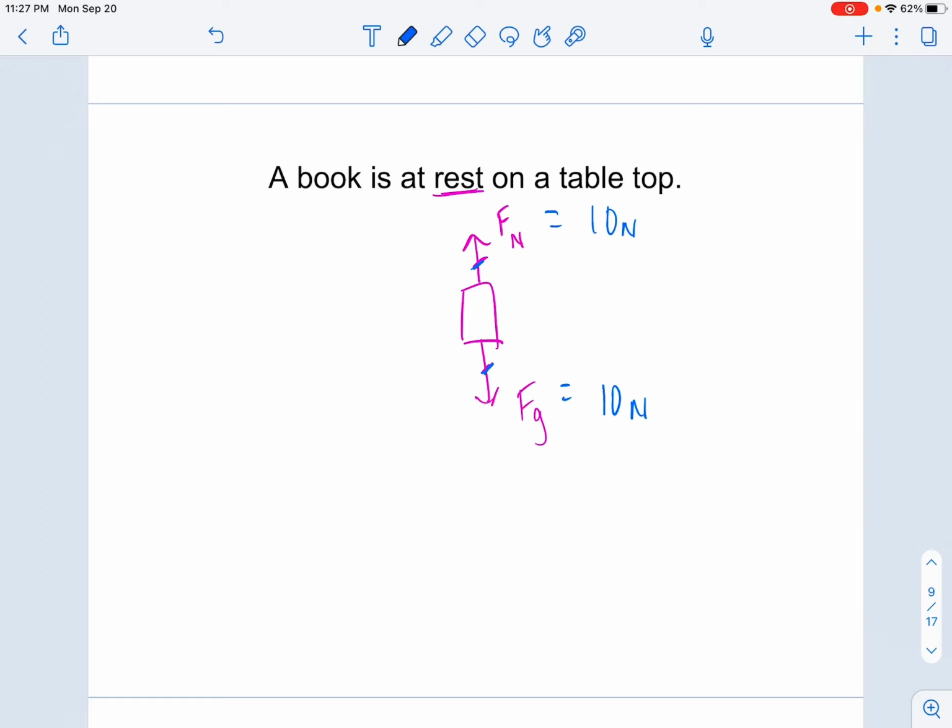Some of these questions are not going to tell you right or left, but from the situation, you should understand if that's forward or backwards, and then we'll assign positives and negatives from there. So here we have a net force that needs to be calculated, where the upward direction is a positive value and the downward direction is a negative value.